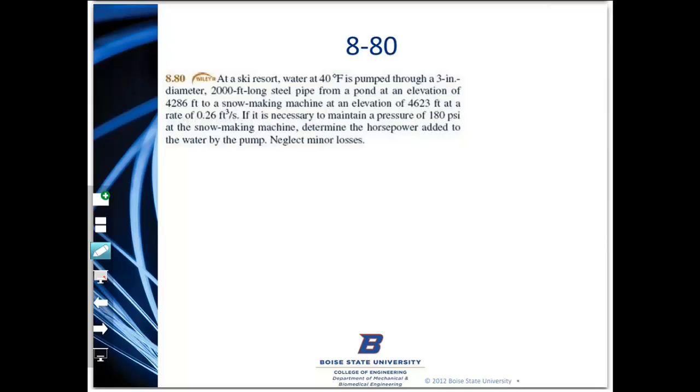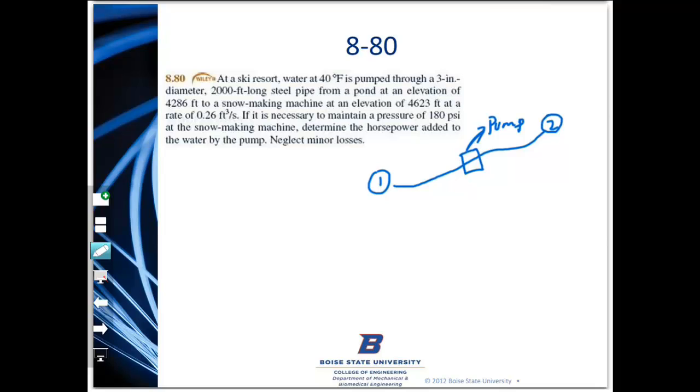so let's consider this pipe here. There's a pipe which is going through a pump, right? And let's identify a couple of points here so that we can write the energy equation.